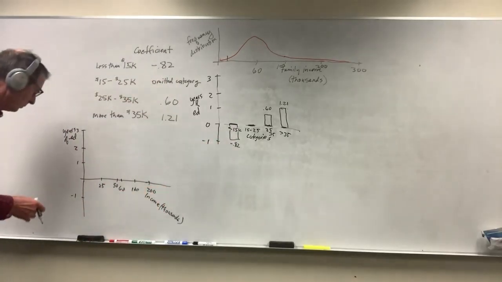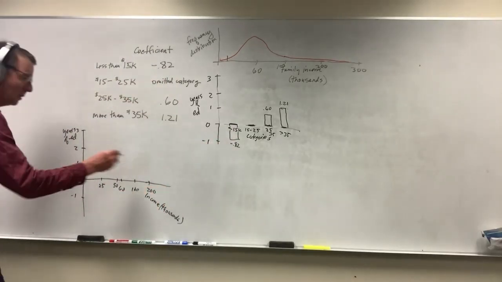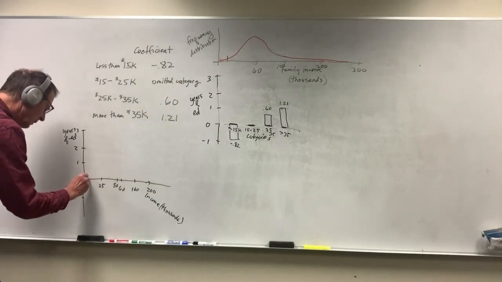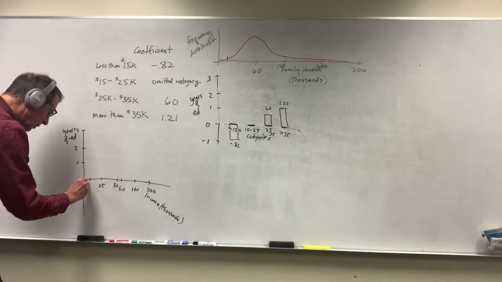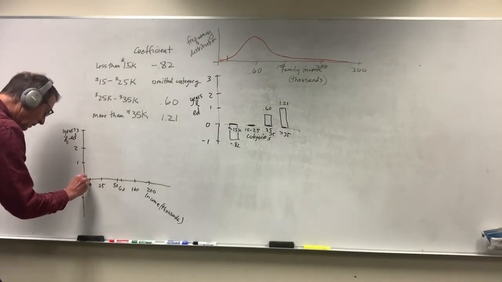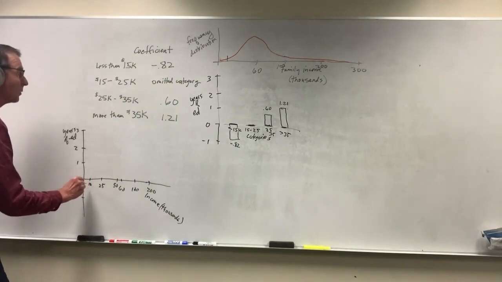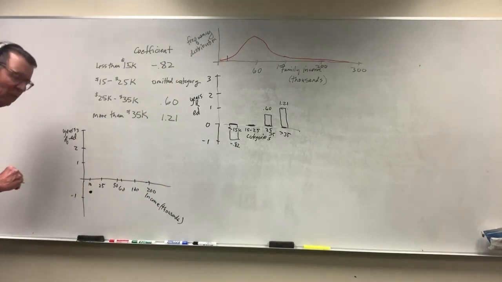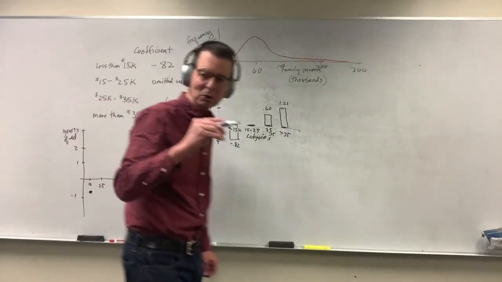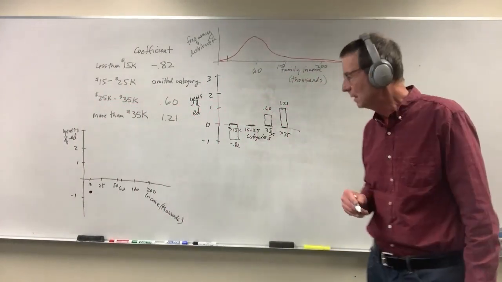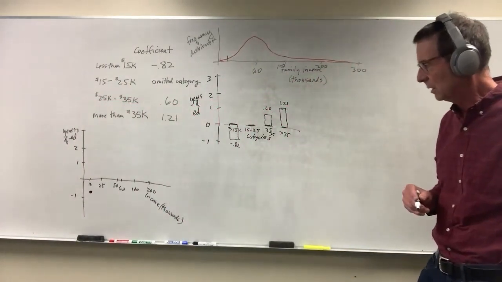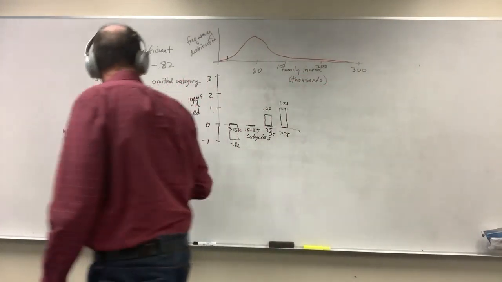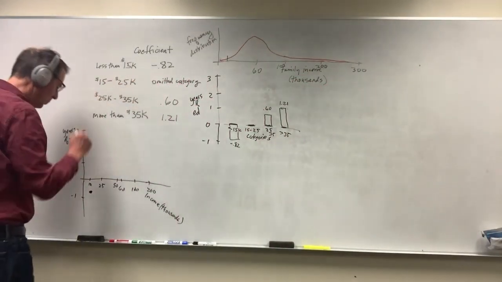So what we know is one point on this graph is going to be, if this is 10,000, 10,000 is associated with minus 0.82. All right, so that's one point on the relationship, a continuous relationship between income and years of completed education. We know exactly about the second point.